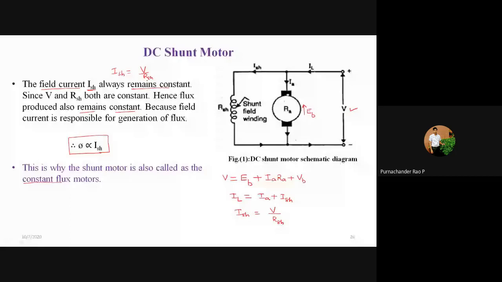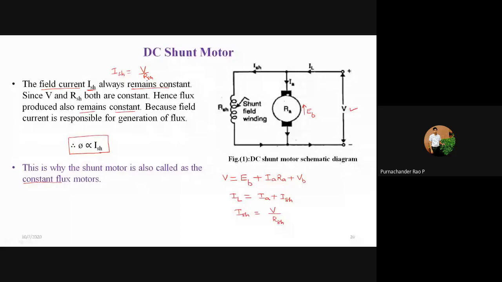So these are the voltage and current relationships for the DC shunt motor. Is it clear? Any doubts? Yes, sir.